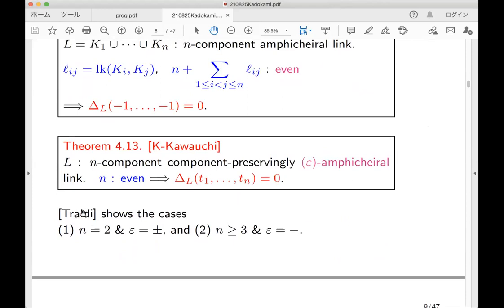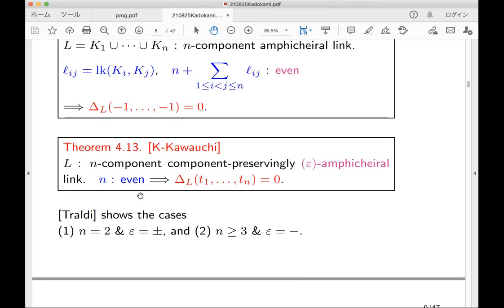Totsuka already showed a partial answer. So this theorem is a kind of generalization of the result of Totsuka.